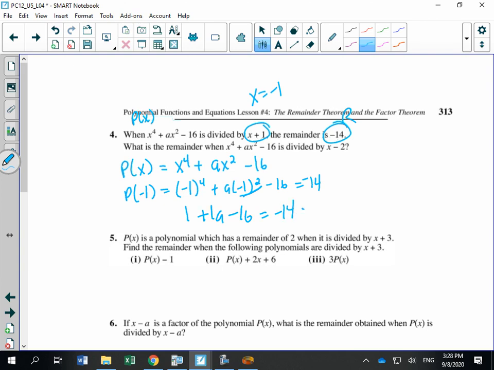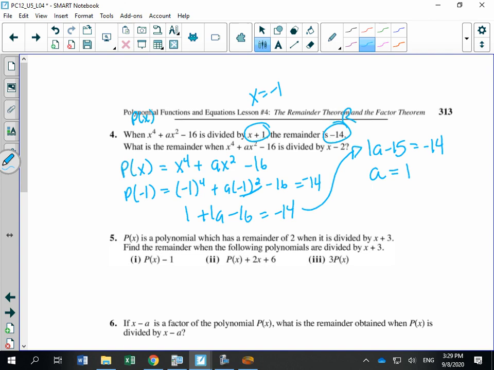If I continue from here, so 1 minus 16 is negative 17. Sorry, 1 minus 16 is going to be negative 15. So 1a minus 15 is equal to negative 14. And then we're going to isolate for a, so get rid of that negative 15. And a is equal to 1. When you add 15 to both sides, that's what a is equal to.